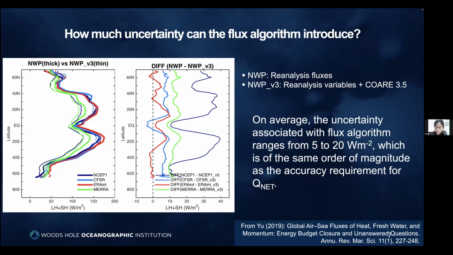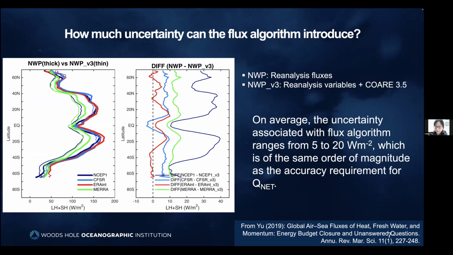A few years back, I conducted an analysis in which I compared the fluxes in their native algorithms from 4 NWPs: ERA-Interim, NCEP1, NCEP NCAR reanalysis, which we named NCEP1, and CFSR, and MERRA1, not MERRA2.